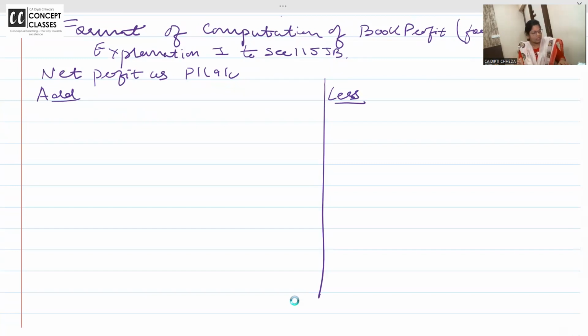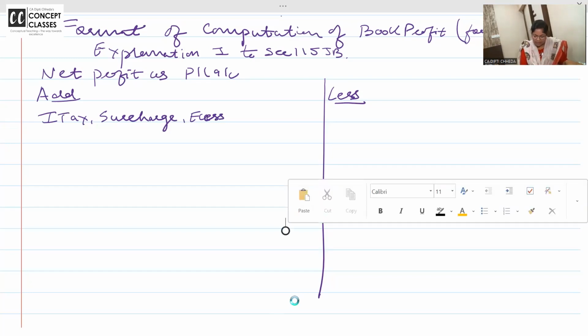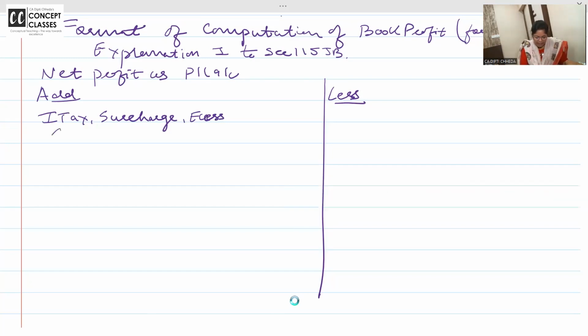ठीक है? चलो. In add, the first item you have to add is income tax, surcharge, e-cess. Income tax, surcharge, e-cess. In bracket, excluding penalty and STT.